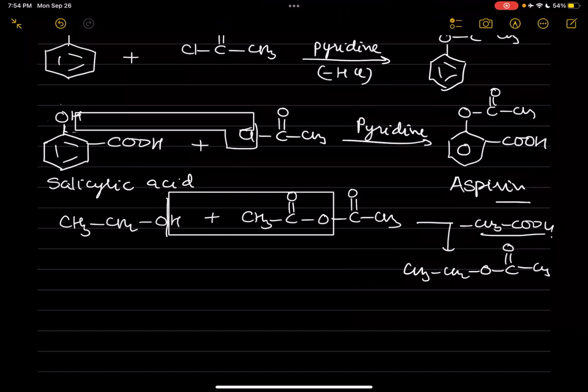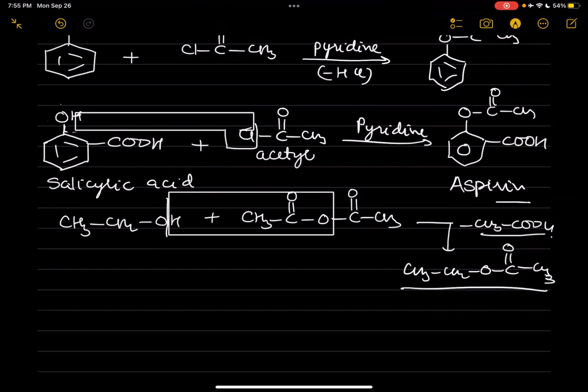Okay, is it clear? So what do you get? You get this ester. Okay, and this is another acetylating agent. Okay, this is acetyl chloride. And this is acetic anhydride.